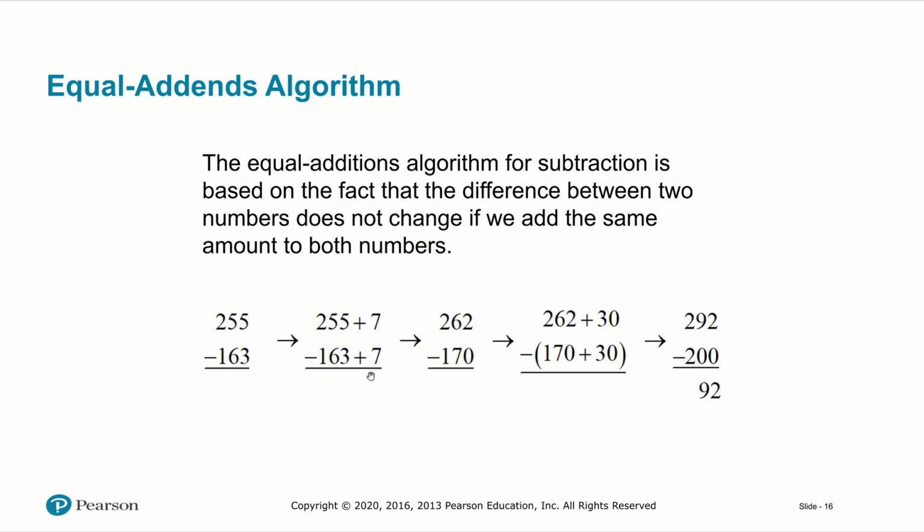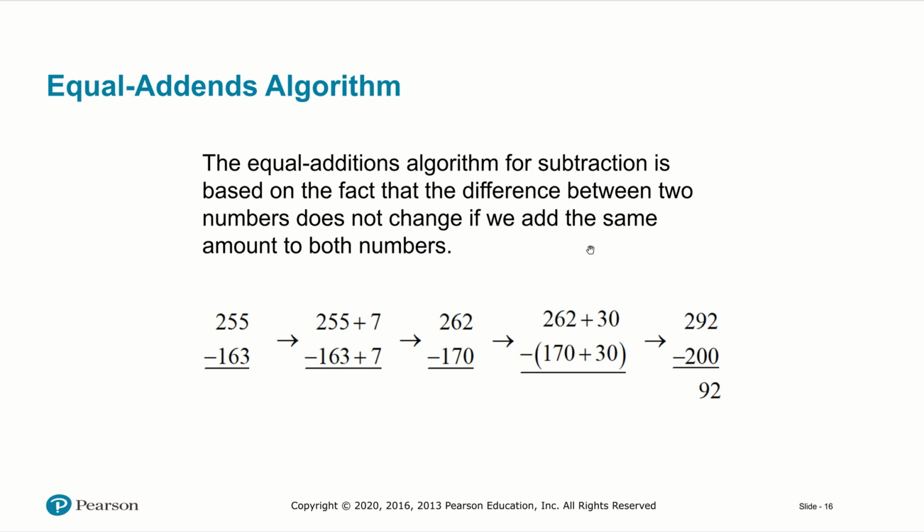So that's what we'll do. We'll go ahead and add 7 to 163. That gives us 170. And of course, we're going to add the same number to 255 so that our subtraction problem's result does not change, right? So we end up with 262 minus 170.